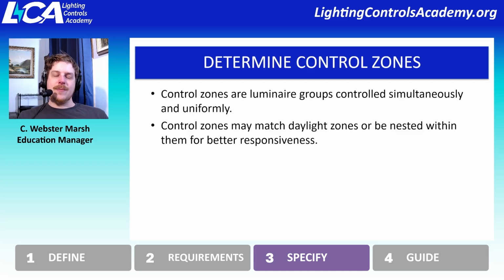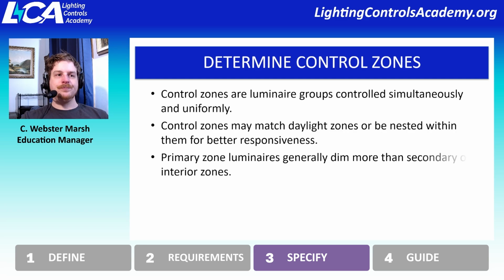What happens if somebody shuts the shades on one side of that office, but the other side has the windows wide open? If you only have one sensor, then that sensor is only going to detect the daylight in that specific portion. So having multiple zones within the primary zone might be helpful to avoid making the lights either too dim or too bright, depending on what's happening in other portions of that area.